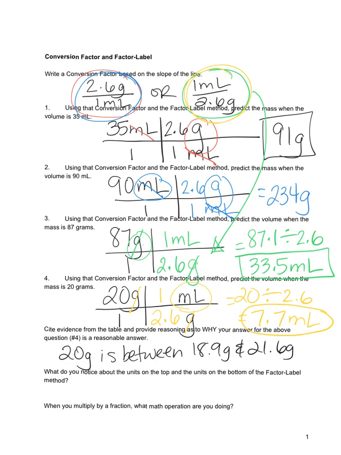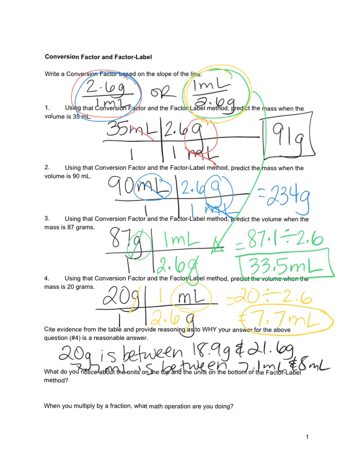And 7.7 milliliters, from looking at the table, is between 7.1 milliliters and 8 milliliters. So that tells me yes, the evidence supports that I did this correctly, because it makes sense. It should fall between those values on the table.